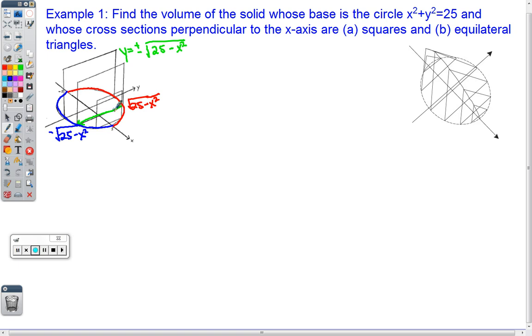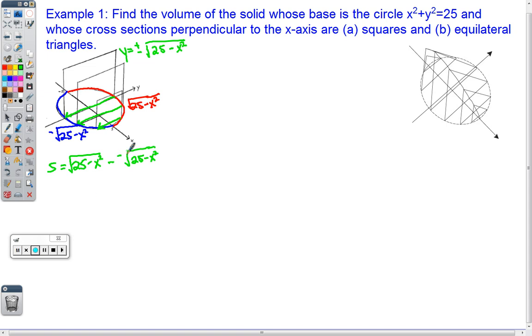So this one side length of the square, and it would be the same for any of them, this side length or this side length, or even the little teeny tiny side length, is going to be the square root of 25 minus x squared, minus the negative square root of 25 minus x squared.